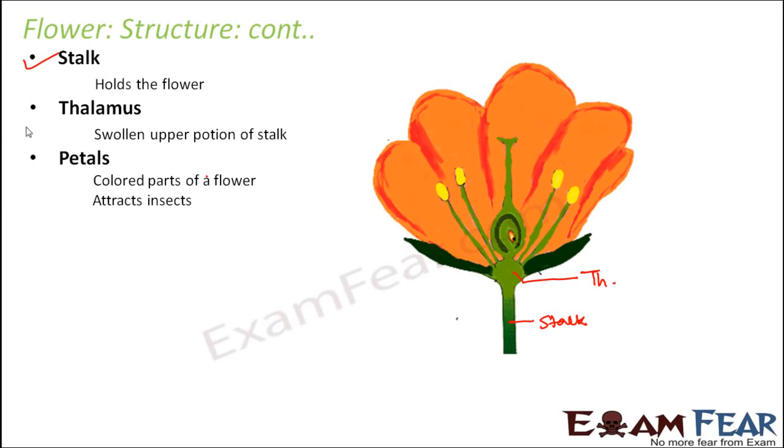The next one is petals. Petals are the colored parts of a flower. Their purpose is to attract insects. Now the question is, why do flowers need to attract insects?